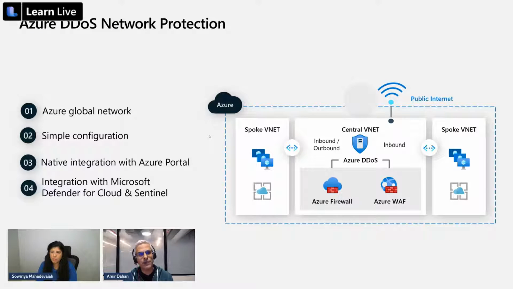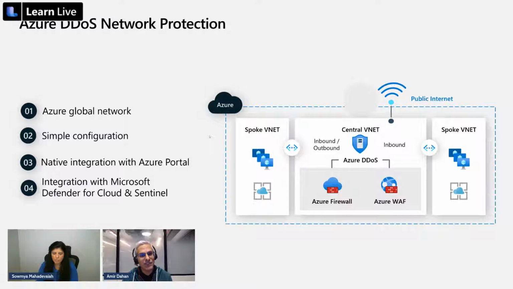First of all, a few words about the Azure global network and the way we mitigate attacks at high scale. Azure DDoS network protection is globally distributed. We have massive mitigation capacity distributed worldwide, so that we can mitigate not only the largest attacks in history, and we published a 3.5 terabits per second attack last year that we mitigated for one of our customers, but it also ensures that we can mitigate thousands of attacks in parallel.